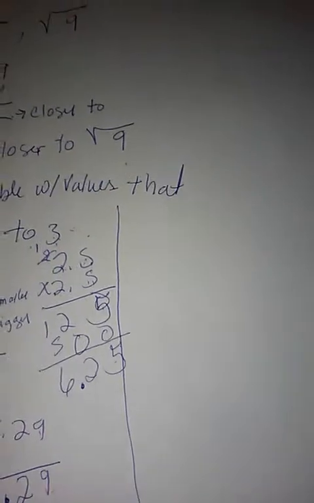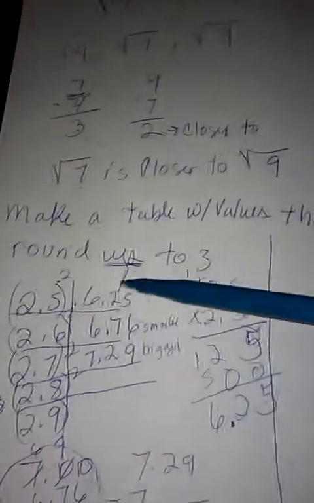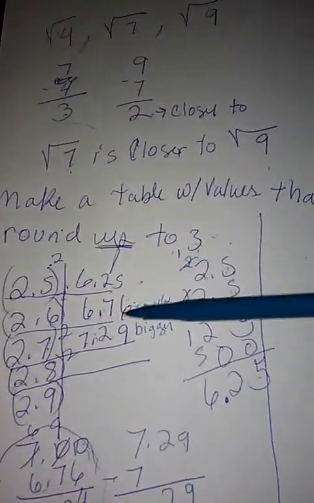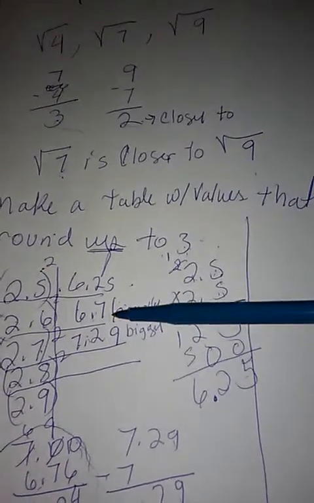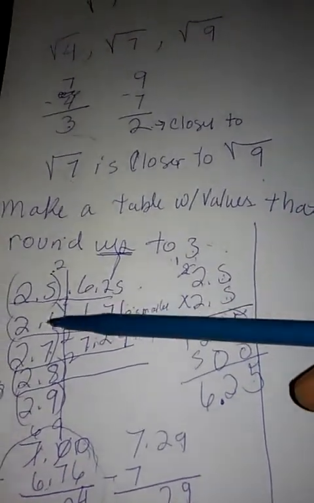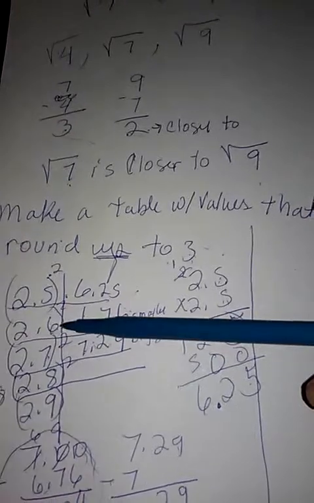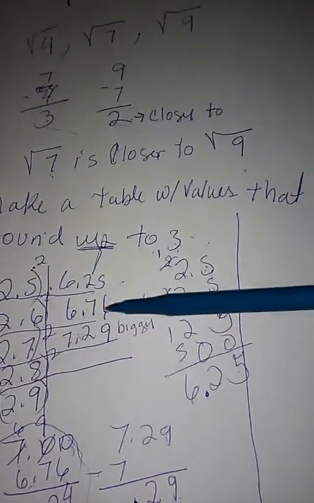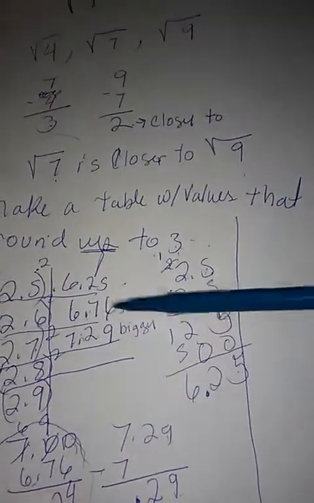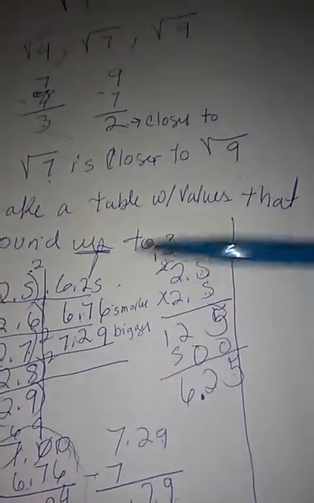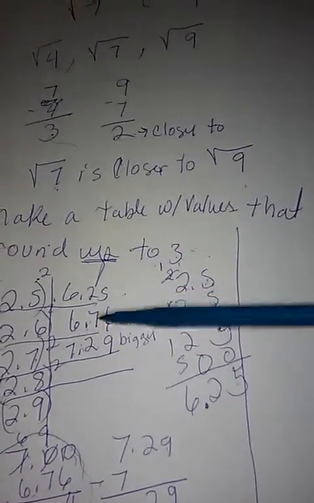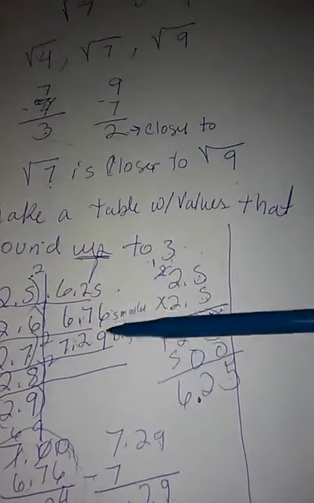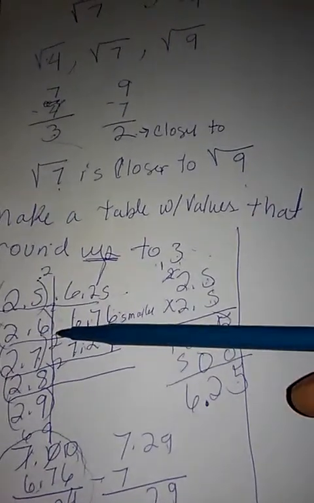So we know that we're at 6.76. We can get closer to 7, but we need higher values than 2.6 because this is only 6.76 and it's too small. 7 is larger than that. So we're going to use the values that round down to 2.6.